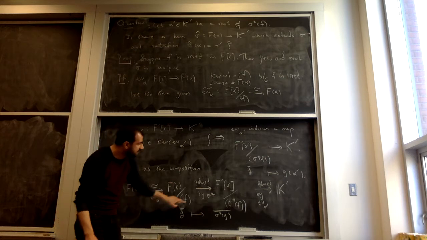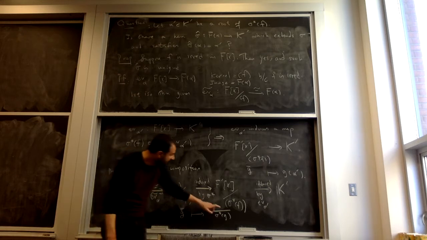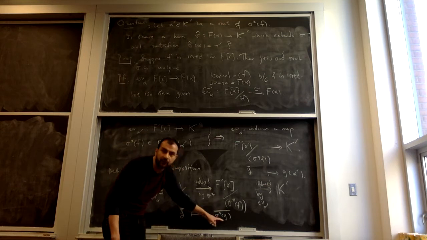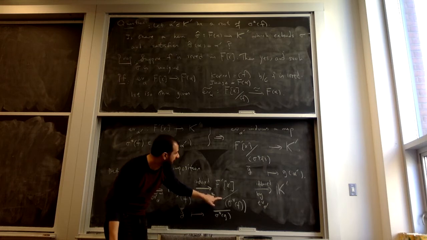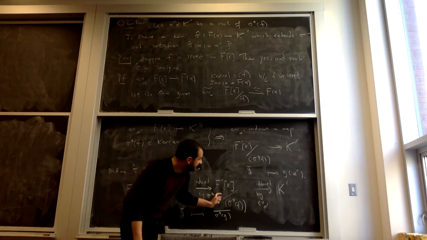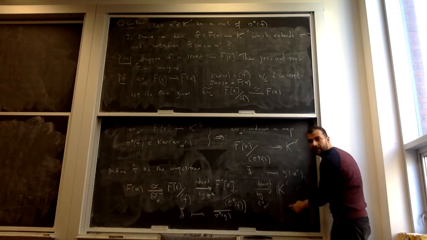Now applying sigma star to the constant polynomial A, well, that's the same as applying sigma to A. So up to here, you're now at sigma of A, the image of sigma of A in this quotient. And now, sigma of A is an element of F prime. What you get here will be sigma of A itself.